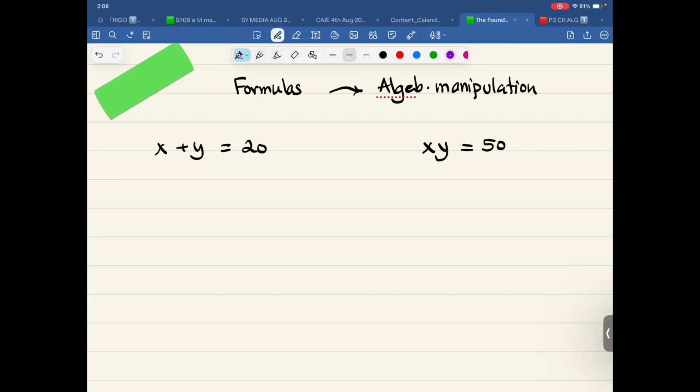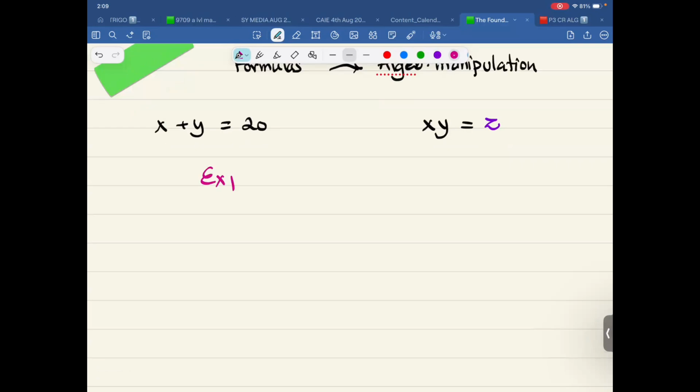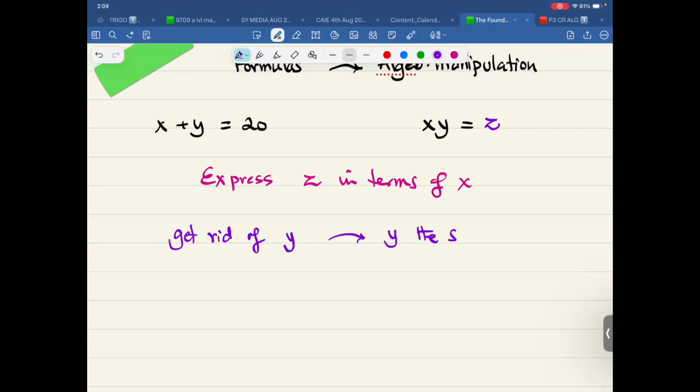Or let me remove this 50 and call it another variable z. And if I ask you, express z in terms of x, that means I want to get rid of y. How can I get rid of y? I can make y the subject of equation from any one of the two equations.